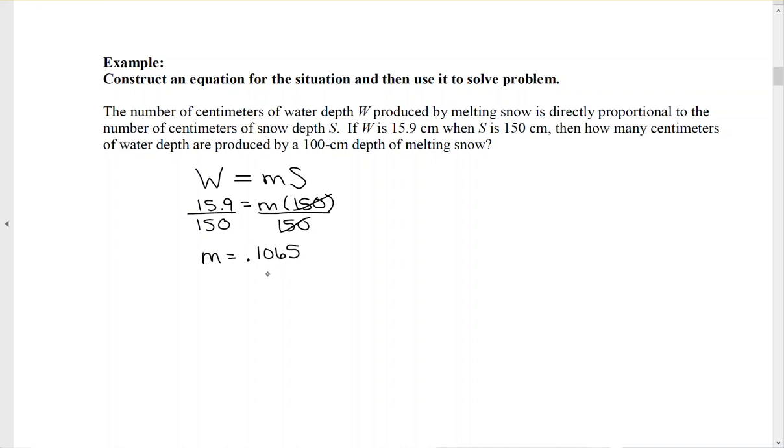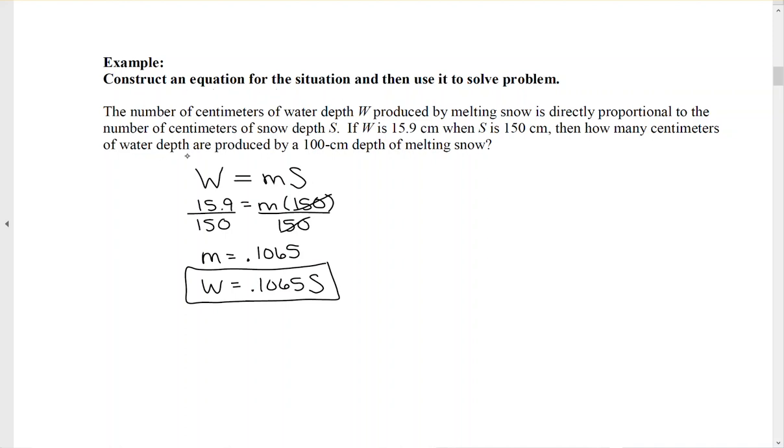And again, unless it says to round, don't. Okay. And I don't see that it says to. So I'm going to go into my formula. And that's my equation. So that's my construct the equation part.